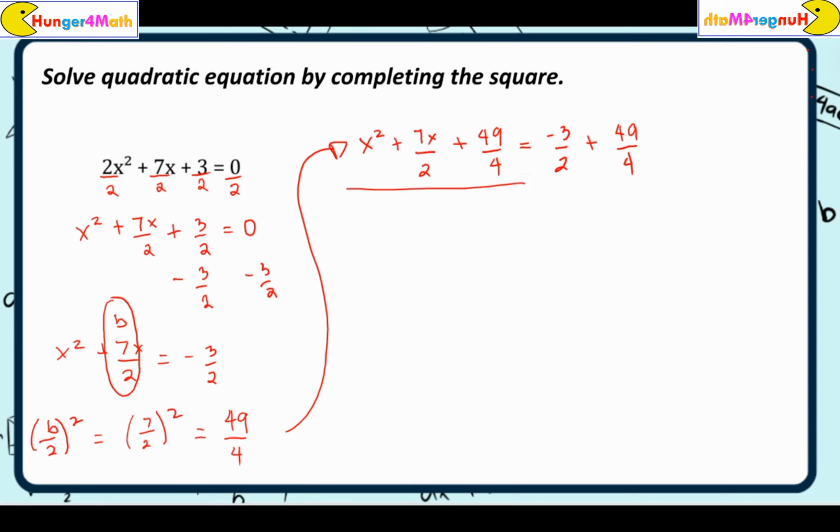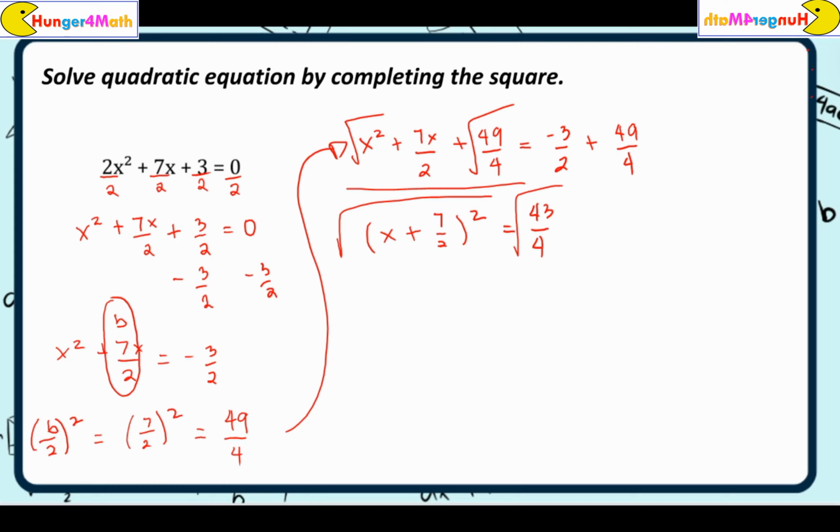Now this is now a complete square. That will be the square root of x squared is x plus the square root of 49 is 7, the square root of 4 is 2, squared, equal to negative 3 over 2 plus 49 over 4, which is equal to 43 over 4. Now we're going to take the square root of both sides.